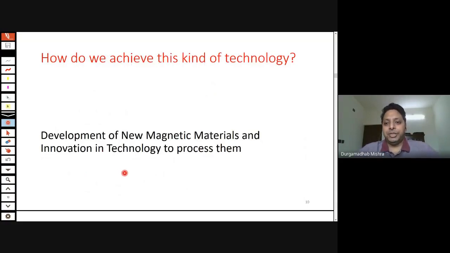So how do we achieve this kind of technology? It is not only one engineering application. This magnetic hard disk represents a technology which incorporates ideas from all kinds of engineering backgrounds. One part is the engineers who develop the best material which needs to be used.